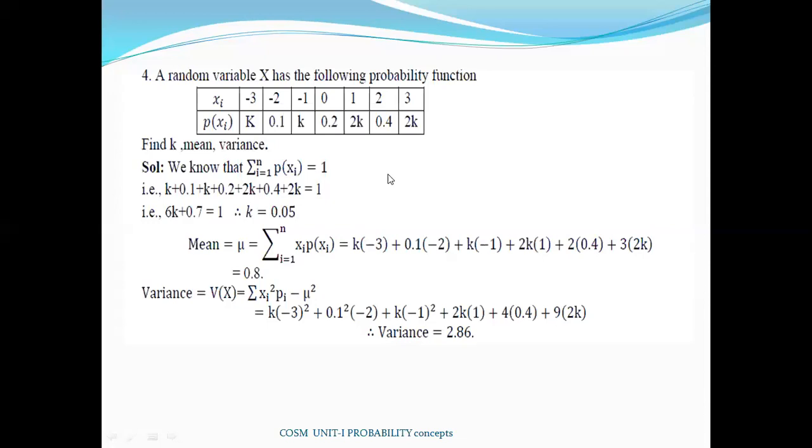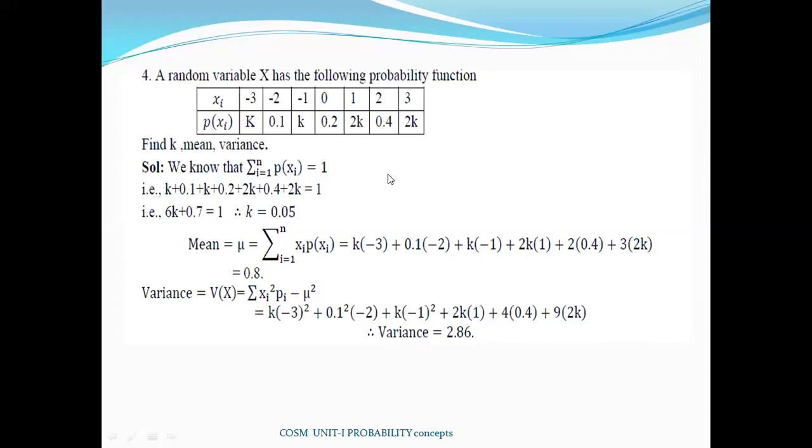Now what is the mean? Mean equal to mu equal to the formula sum from i equal to 1 to n of xi into p of xi. So substitute all the values of xi into p of xi: -3 into k plus -2 into 0.1 plus -1 into k, and so on.